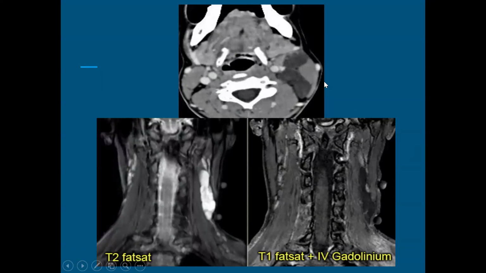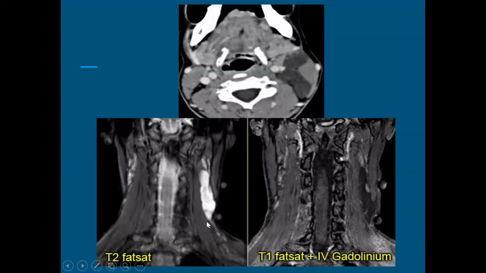Another pathology in this posterior cervical space, shown on axial CT and coronal MR images. In the axial CT images, we can see a multiloculated fluid attenuating lesion involving the posterior cervical space. There's a coronal MR T1 post contrast on the right side, and T2 fat sat image on the left.